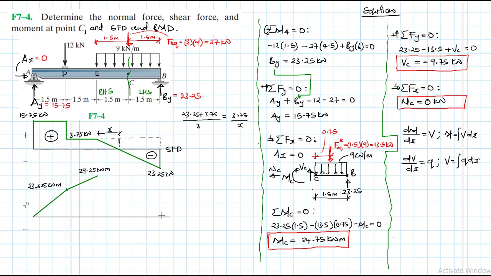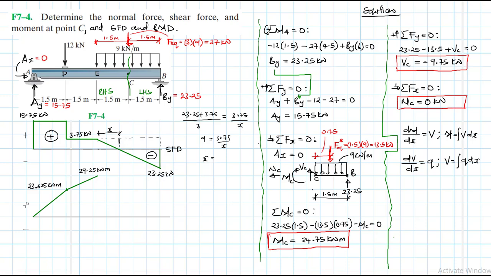So 23.25 plus 3.75, which is 27, divided by 3. So this gives us 9. 9 is equal to 3.75 divided by x.